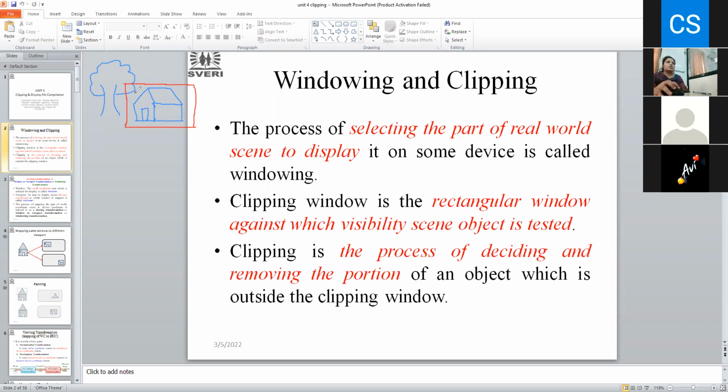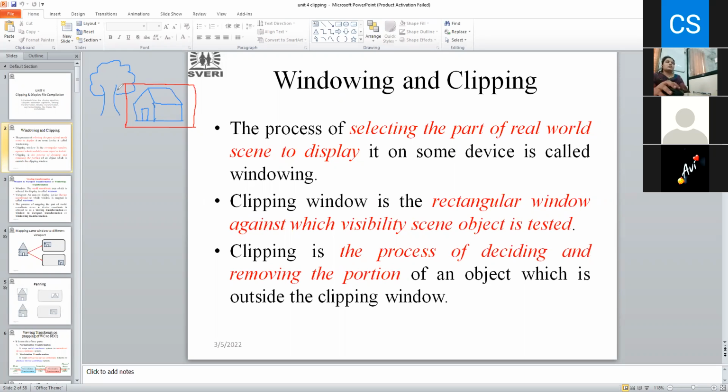So this particular screen is called your viewport, while the real world scene is called your window. That means windowing is nothing but the things that we can observe out of the window.